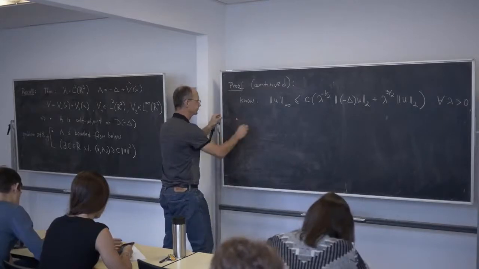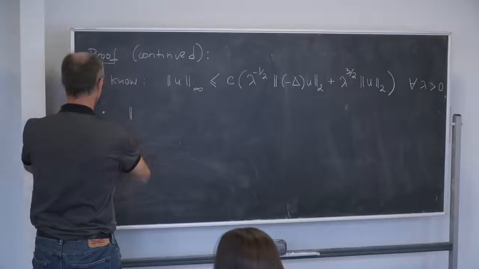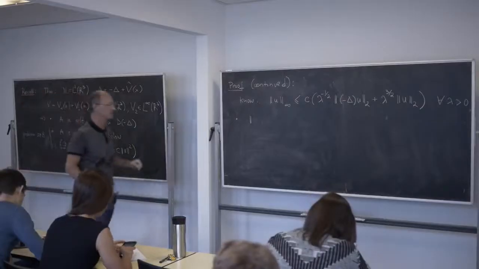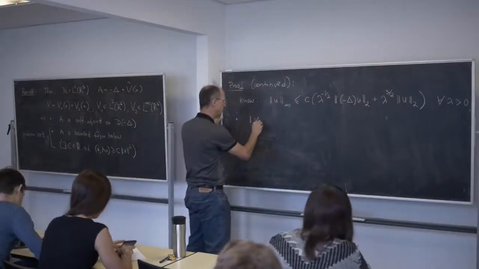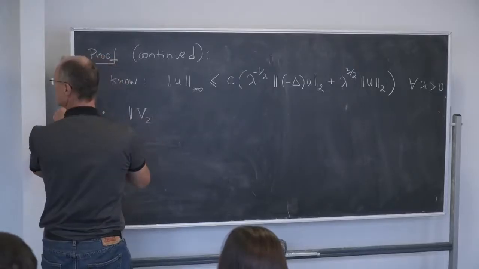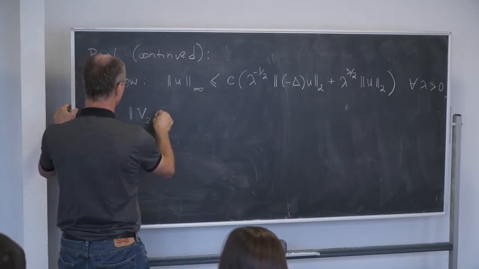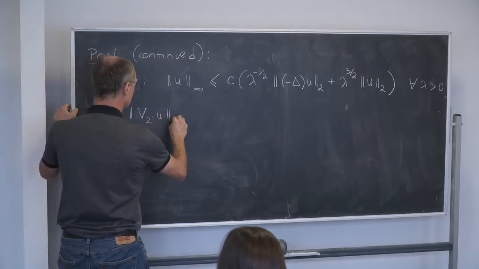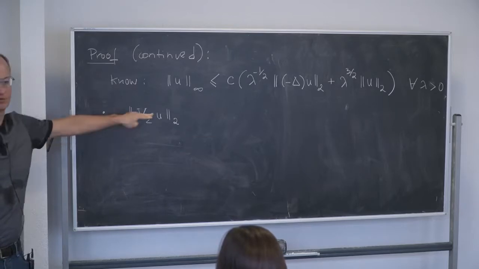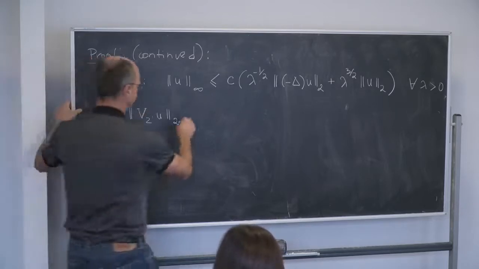So now let's do the following. Let's look at the estimates for the action of multiplication operators. Let's say the easier one is V2. So let's estimate the L2 norm of V2 acting on u.